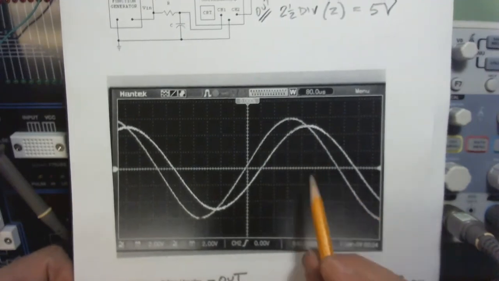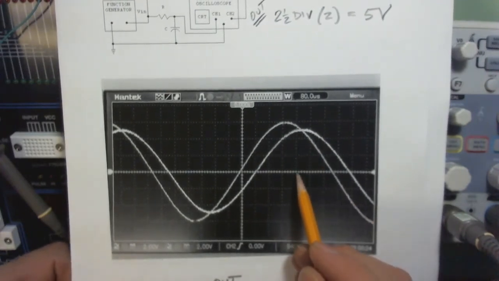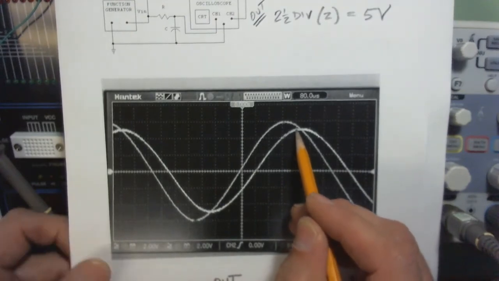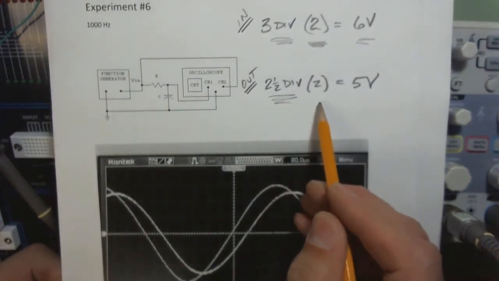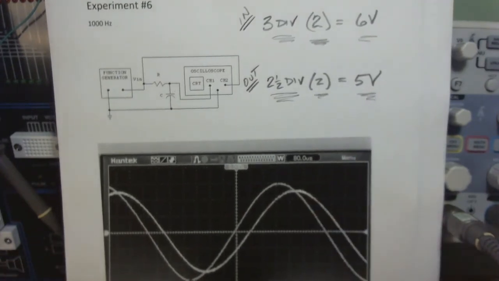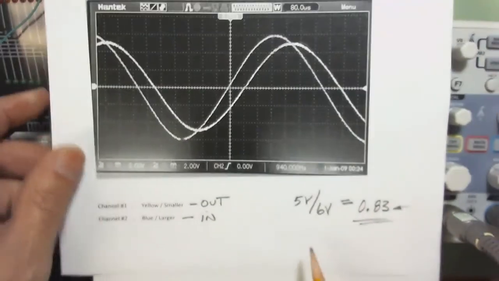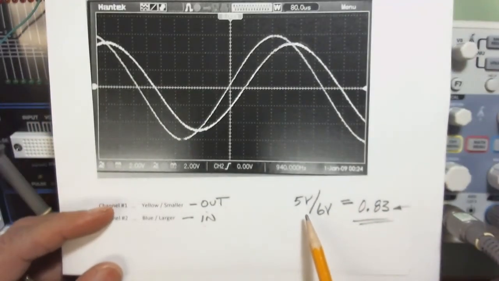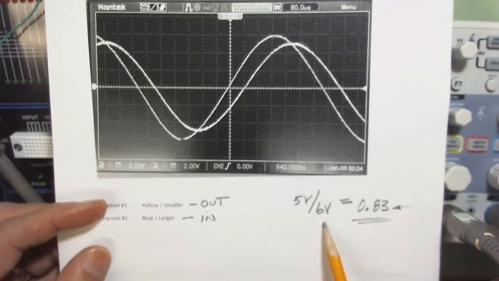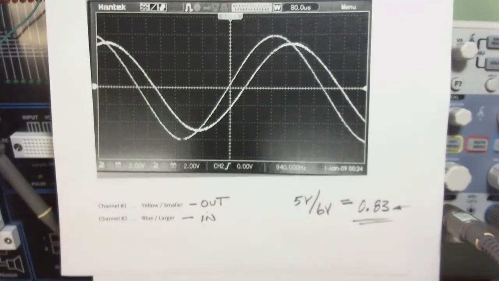How many divisions? 1 division, 2 divisions, 2.5 divisions. So 2.5 divisions times 2 volts per division gives me 5 volts. That would be 10 volts peak to peak. We want to come up with the ratio of the output to the input. So 5 volts divided by 6 volts is 0.83.